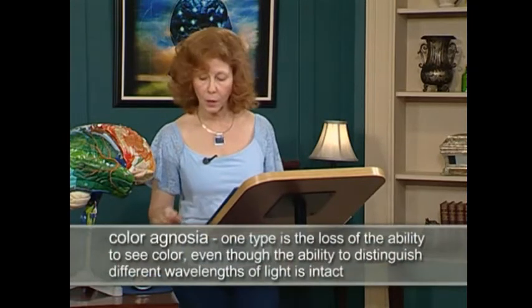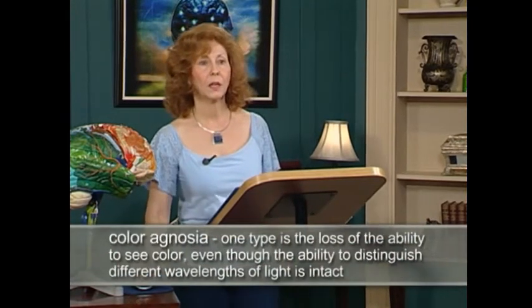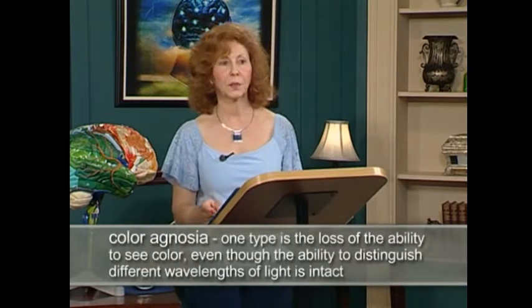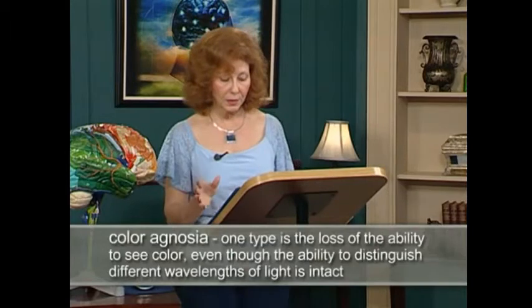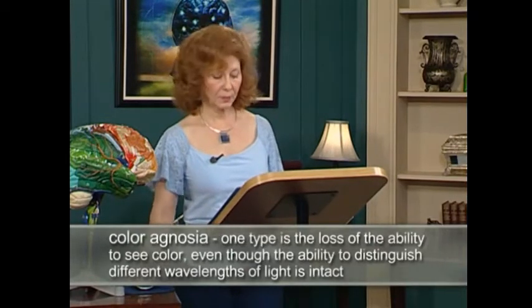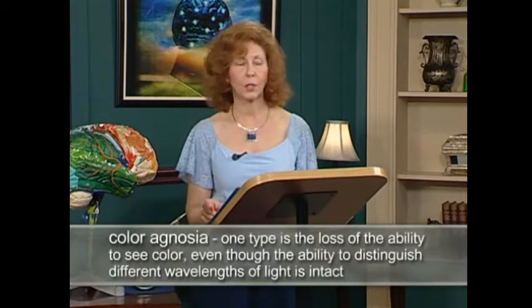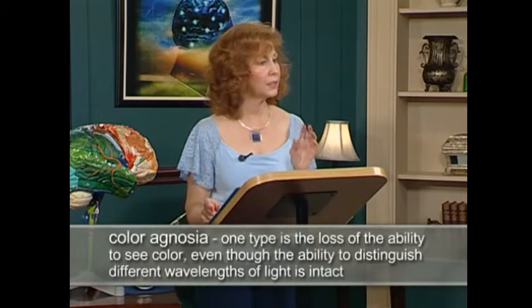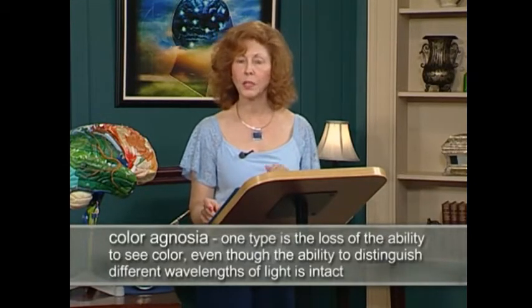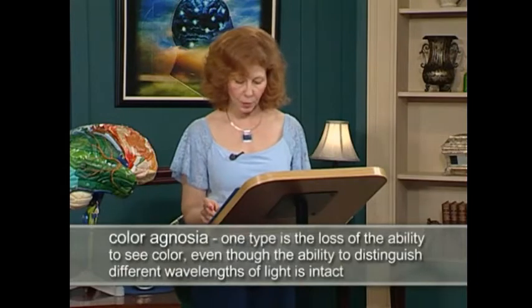You can have other types of agnosias. For example, you can have a particular type of color agnosia, which is going to relate to the loss of the percept that relates specifically to color. So there are various types of color agnosias, and you can have a specific agnosia in which you can distinguish the different wavelengths of light, but you lose the ability to perceive individual colors.